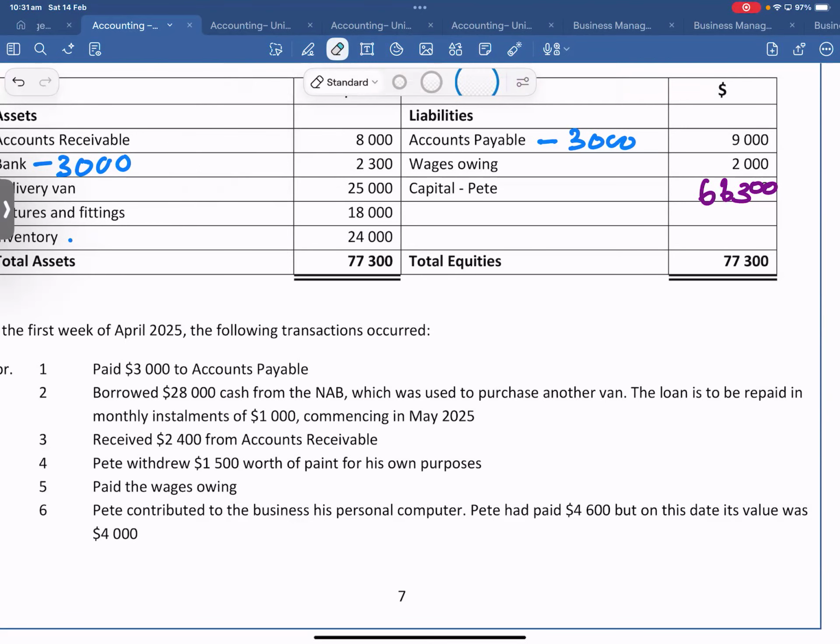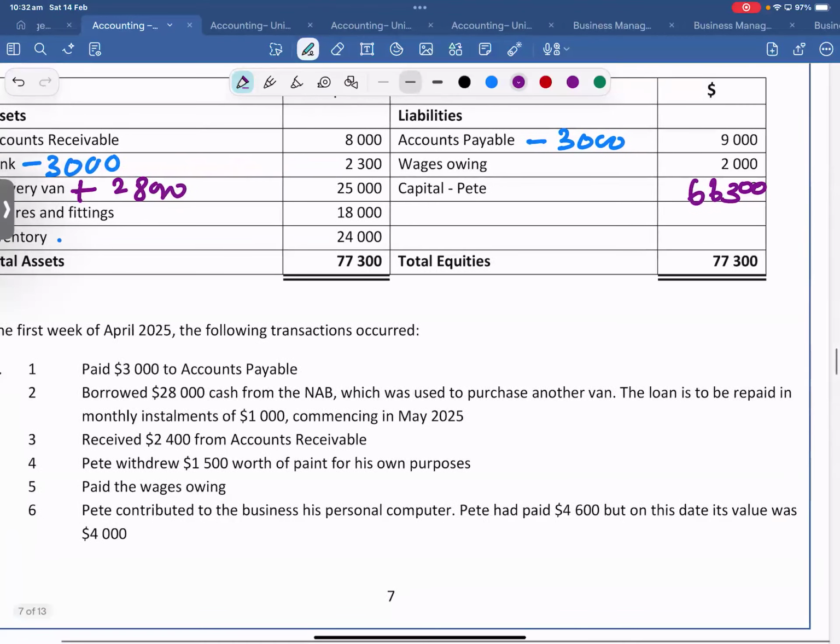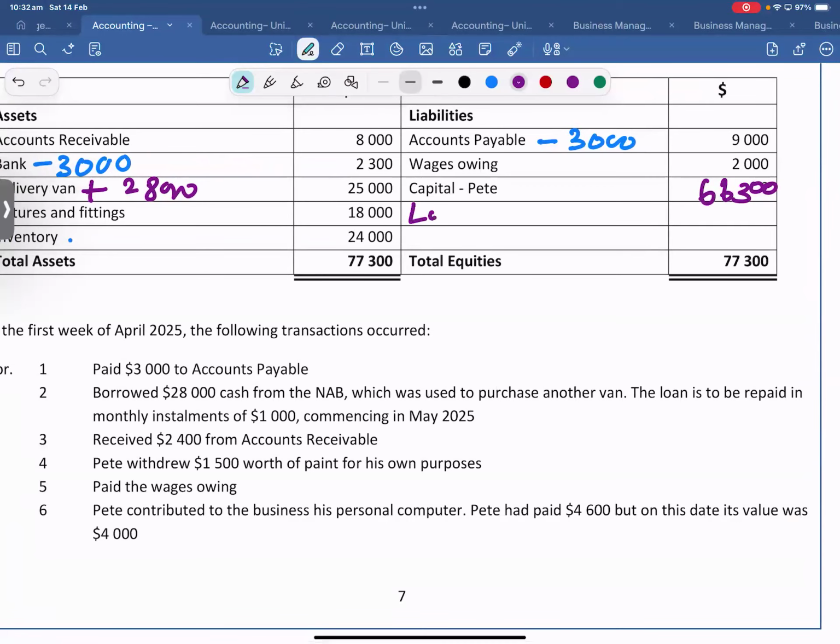So rather, what would I say? Our van increases by plus 28,000. On the other hand, our loan also increases. I'll say plus 28K loan. Now there's a problem with the loan.